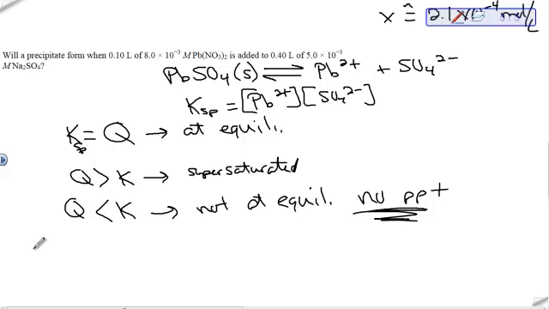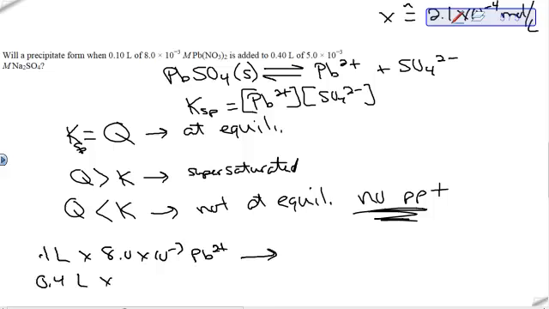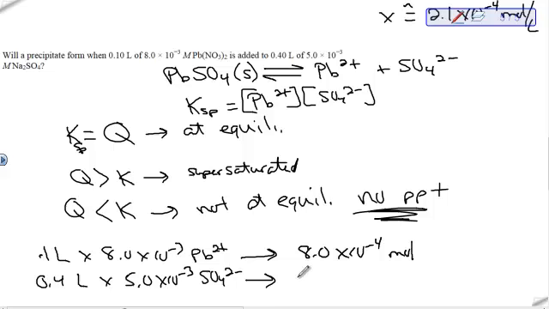So you can see here in this first part we have 0.1 liter of this molarity lead 2 ions, and we also have 0.4 liter of 5.0 times 10 to the negative third sulfate ions. Let me do a quick calculation here. I can do that one in my head, believe it or not. That's that many moles, and I don't trust my own arithmetic.